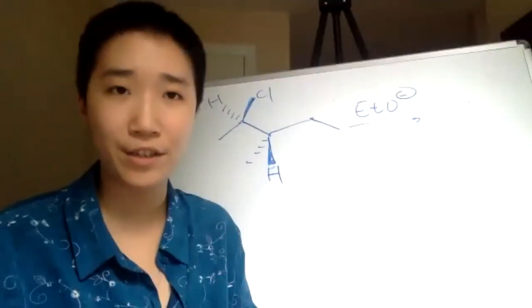Since ethoxide would act as a better base than a nucleophile, and it's not E2, but it's also not as good of a nucleophile as it is a base, wouldn't it be E1? That's a very interesting question.